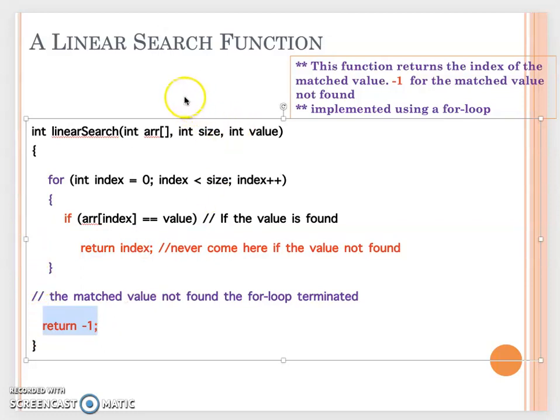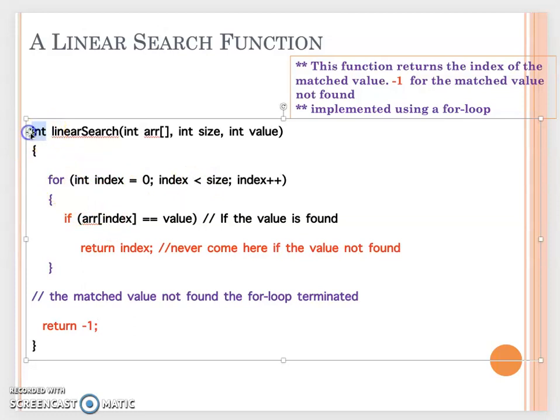That's how we rewrite the linear search function from a while loop to a for loop. Either way is fine, just make sure you understand how it works.